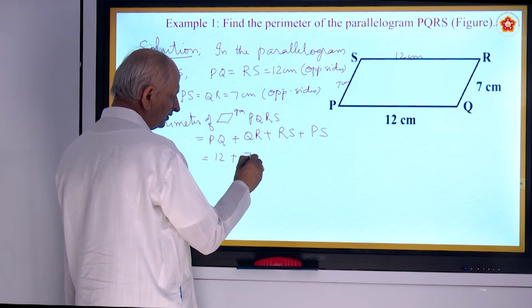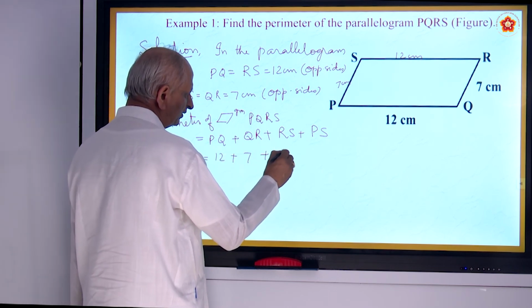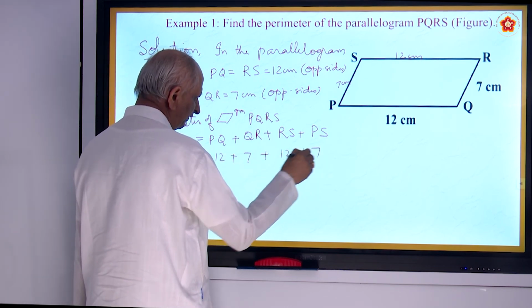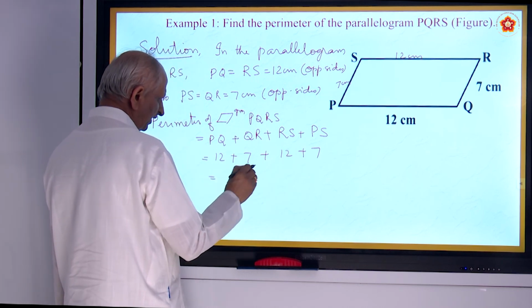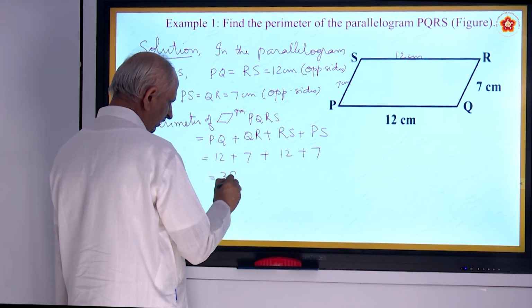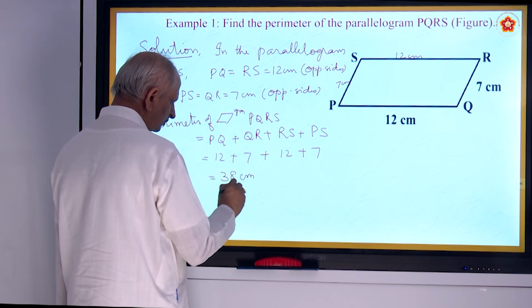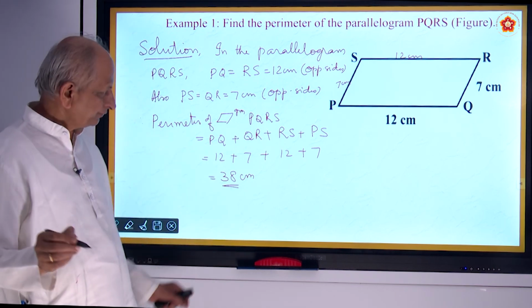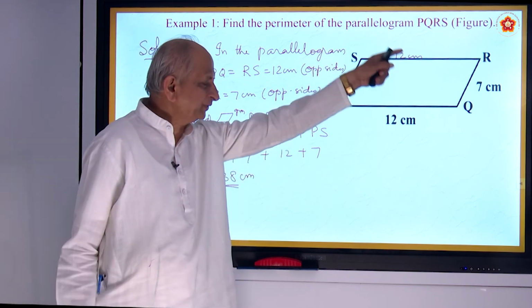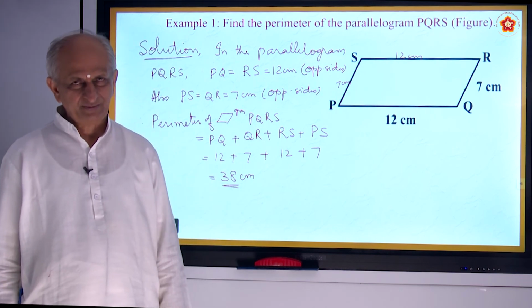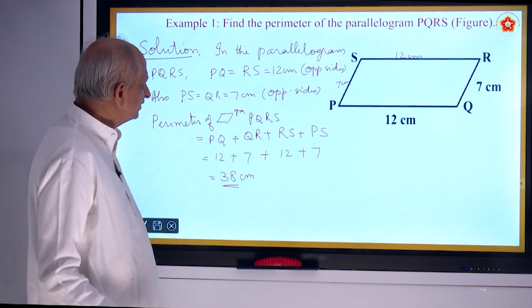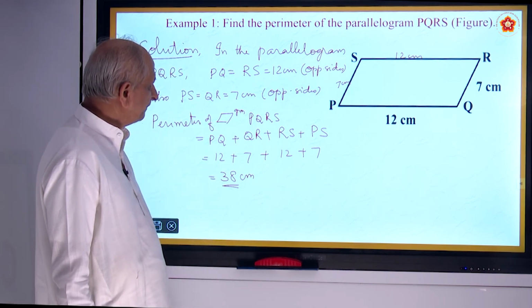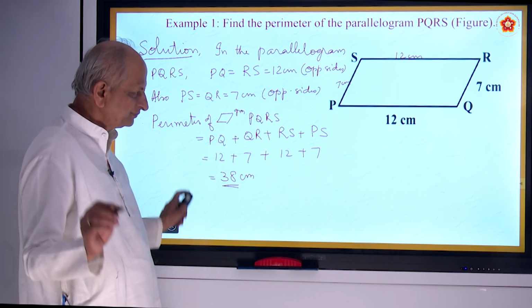QR is 7. RS is 12. SP is 7. So 19 plus 19, 38. So nice. Understood? So when perimeter is asked, the sum total of all the sides is asked. You add all the sides, you get the perimeter of the parallelogram PQRS.